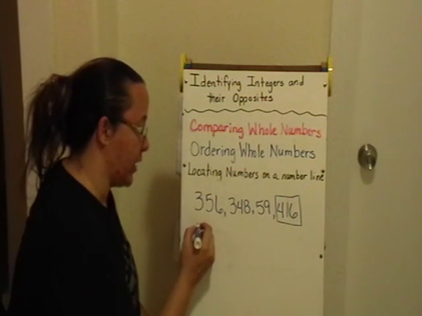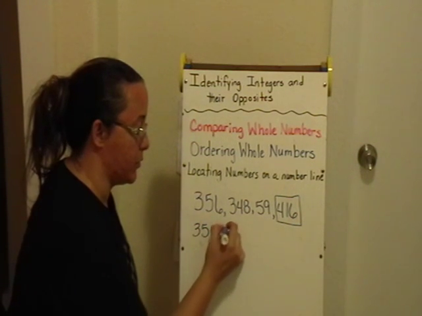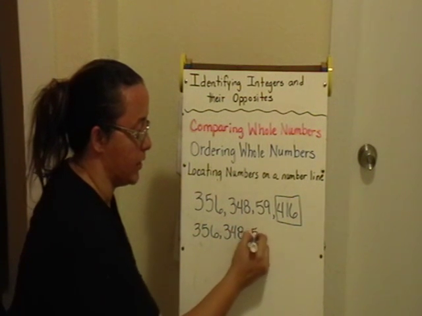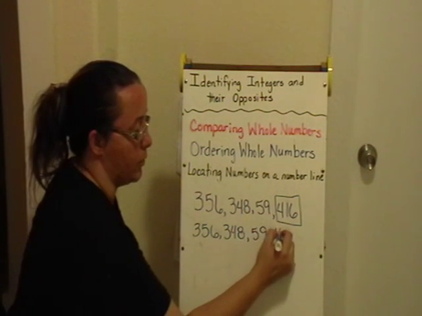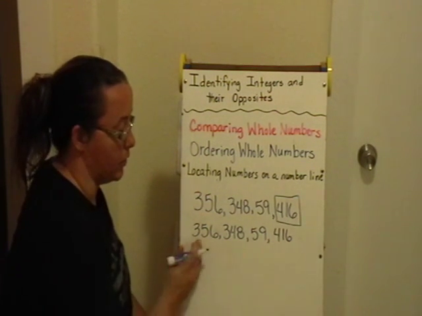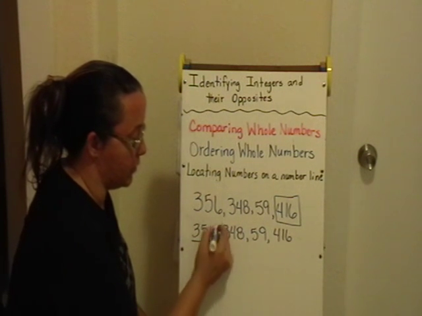Now we're going to look at 356, the same sequence of numbers, 348, 59, and 416. So we've already used 416, so now we're going to look for the next greatest number. In this case, it's going to be 356.